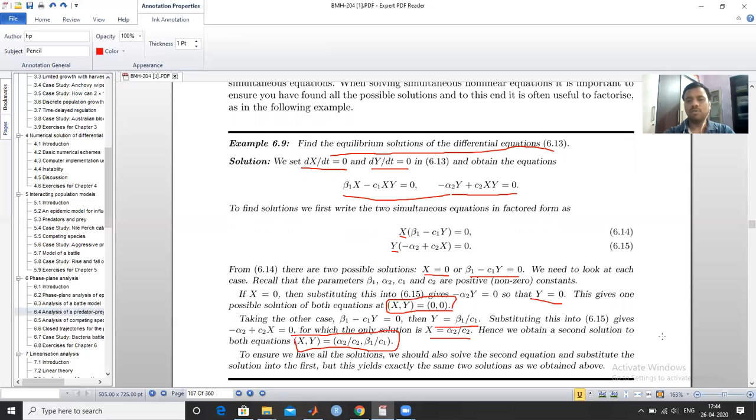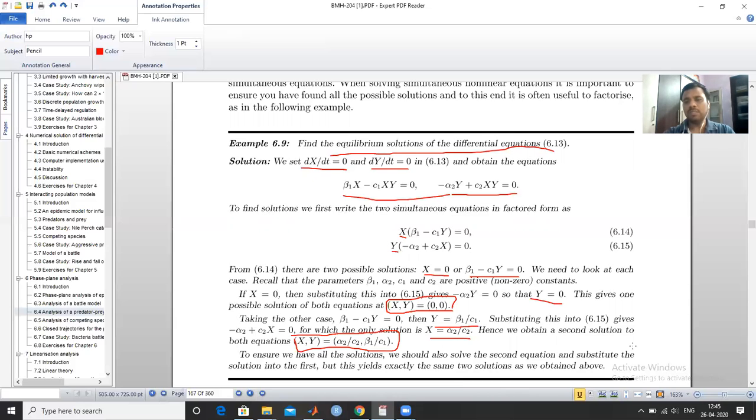So there are two distinct equilibrium points: (0, 0) and (alpha 2 by c2, beta 1 by c1). That's clear. In the previous model, we have already done a similar type of calculation.